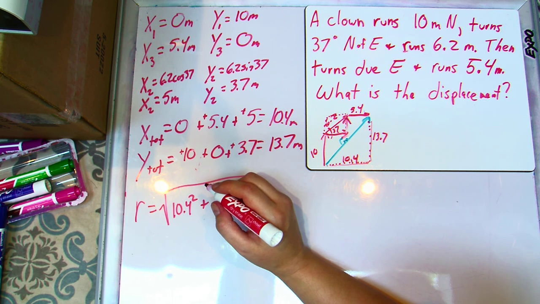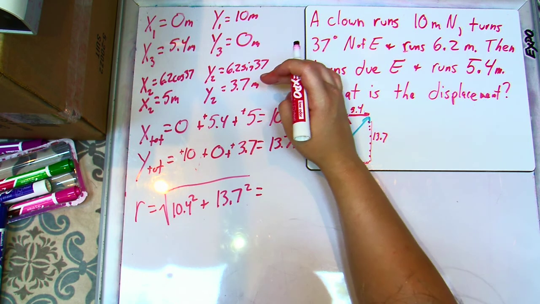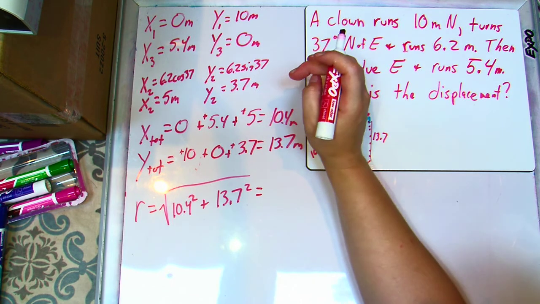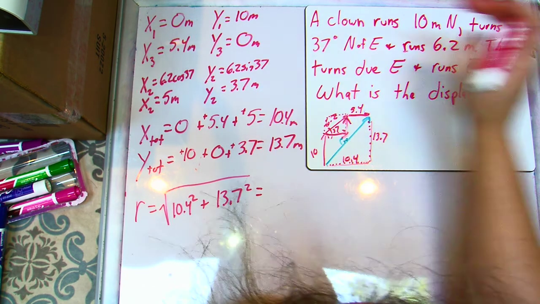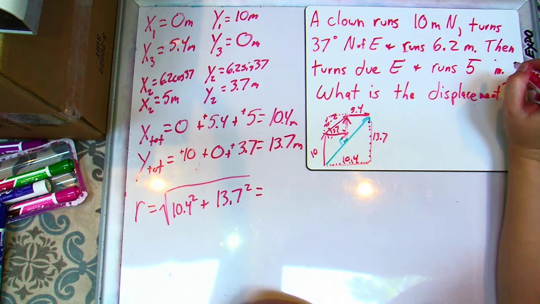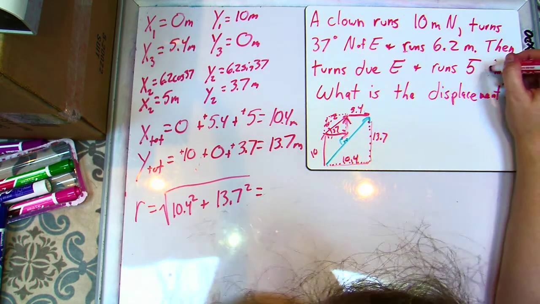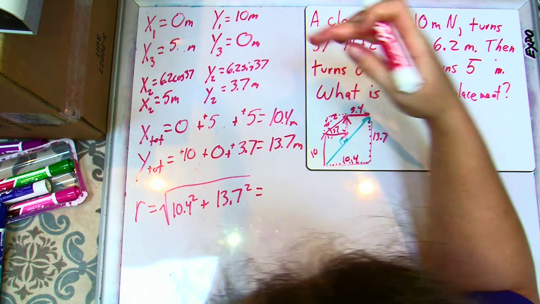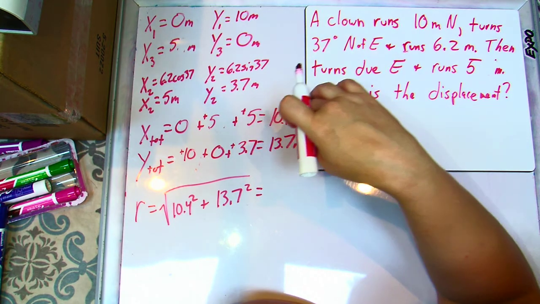Oh, wait, sorry. That was my bad. I misdid that. So that's just 5 meters east. Sorry about that. My math wasn't adding up for a moment.